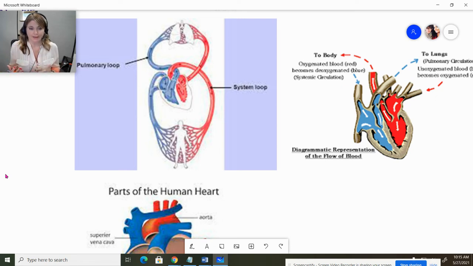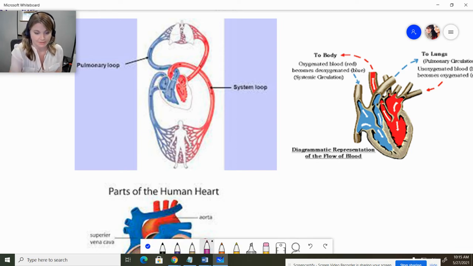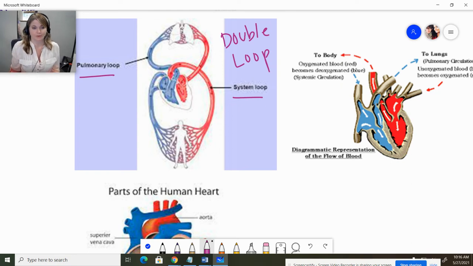In humans, we have what's known as a double loop respiratory system. I think it becomes pretty obvious here. We've got two loops: the pulmonary loop and the systemic loop.